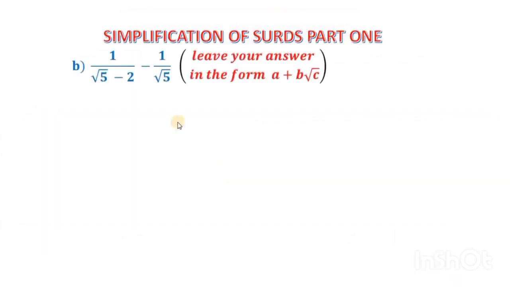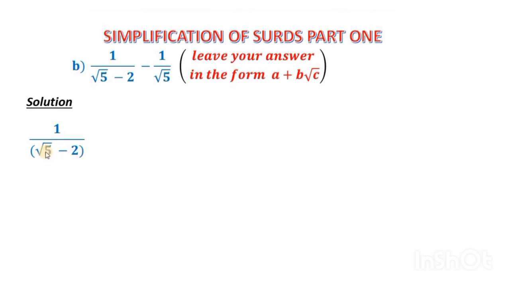For part B, we have 1 over root 5 minus 2 minus 1 over root 5. We are going to do this in parts. Let's begin with this first part here, 1 over root 5 minus 2, and then later on look at 1 over root 5. For the first part, 1 over root 5 minus 2 can be simplified by rationalizing the denominator.